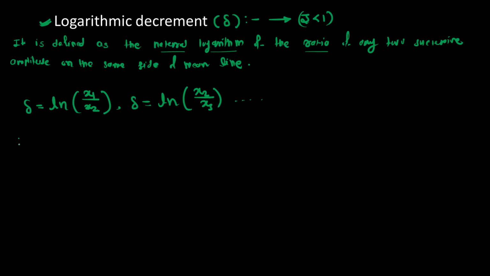So suppose for a particular system or machine which is underdamped, we have the graph of displacement versus time. So this is x versus time, and this is the waveform.